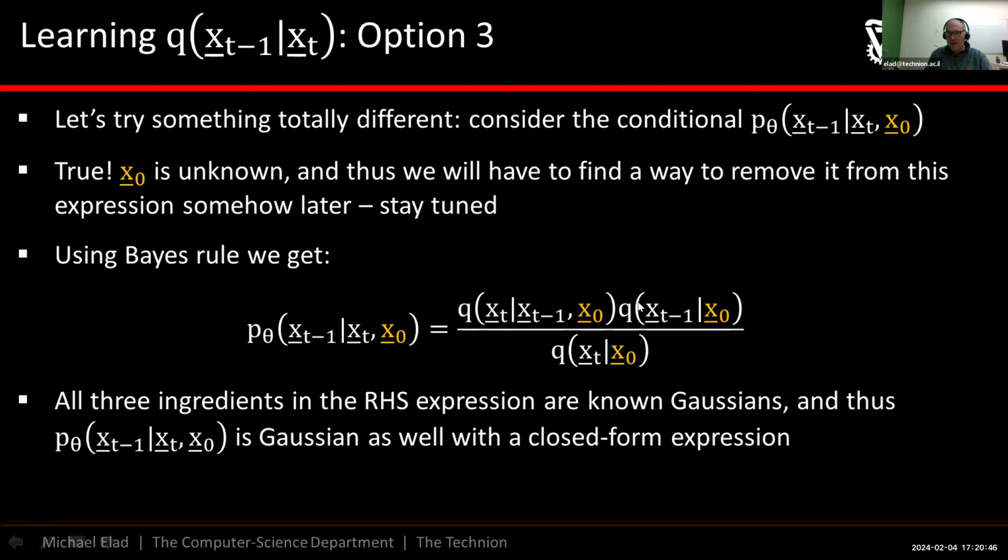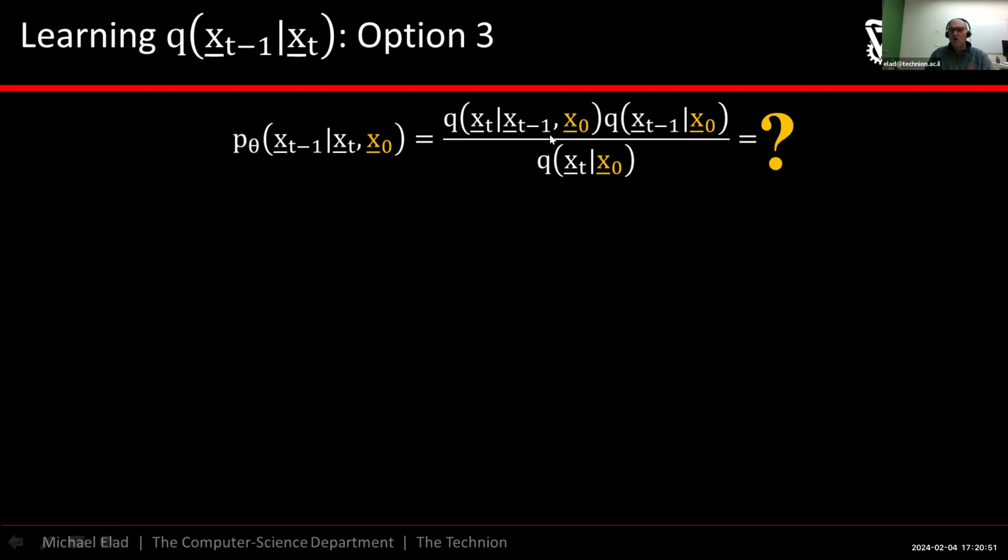So let's talk about these three ingredients, because they are clearly building everything here. Who are the three? Let's start with the denominator, q of xt given x0. I remind you that in the forward path that does the large jumps, given x0, you can get to xt in a pure Gaussian way.